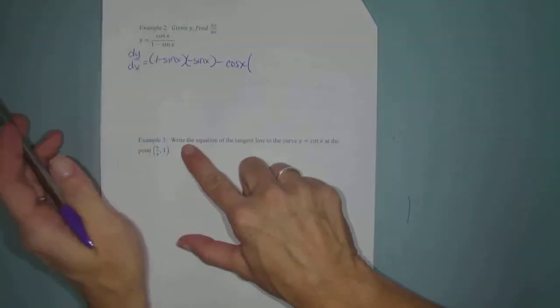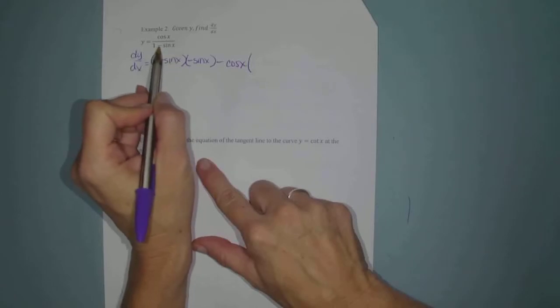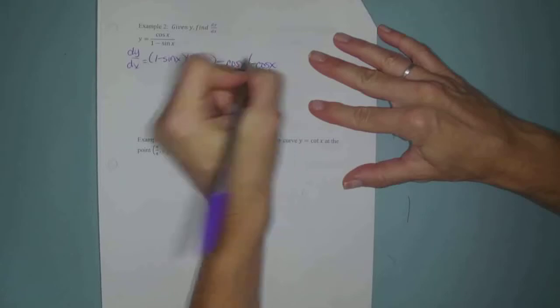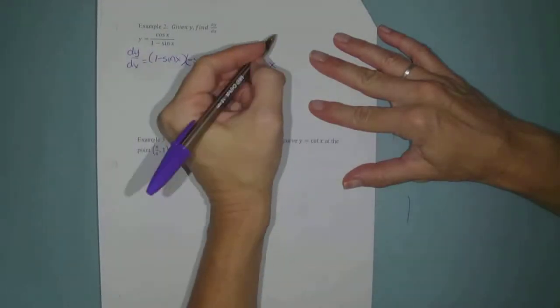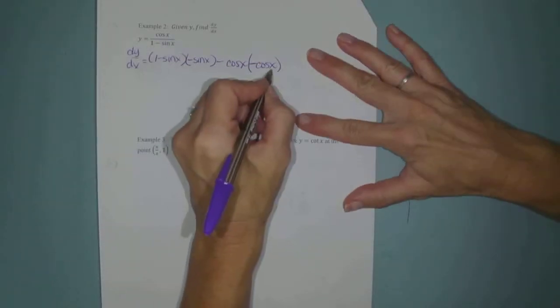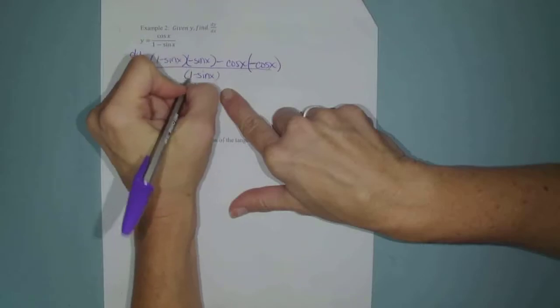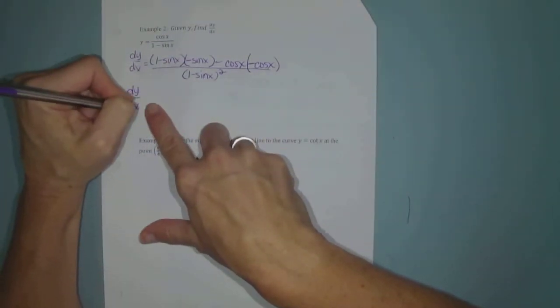Now, the derivative of 1 is 0. The derivative of sine x is cosine x, but because we have the negative, we'll bring that along and call it negative cosine x. So it's kind of like 0 minus cosine x, or negative cosine x. And this is all over the denominator squared.